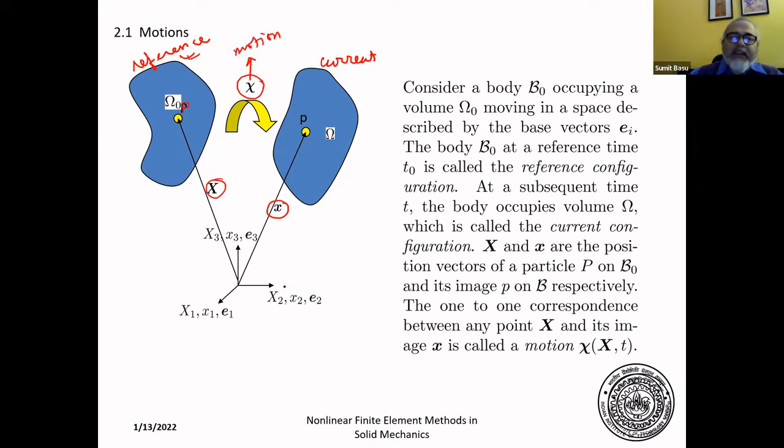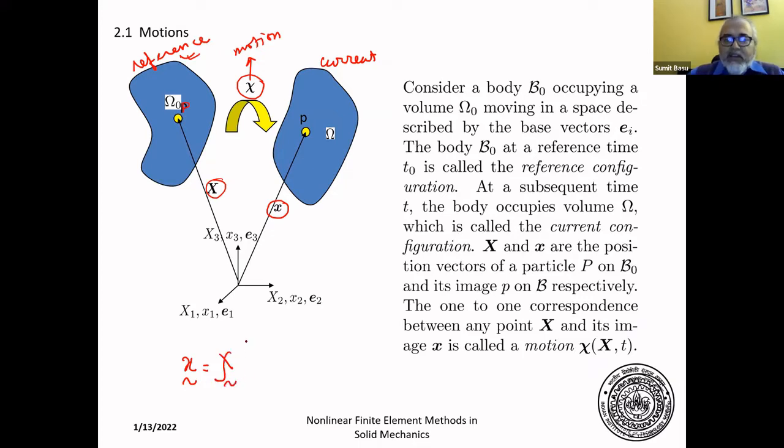What kind of a quantity is chi? Chi takes a point in the reference configuration as its input and tells me what is the position of this point in the current configuration at some time t. In other words, chi tells me what is small x.